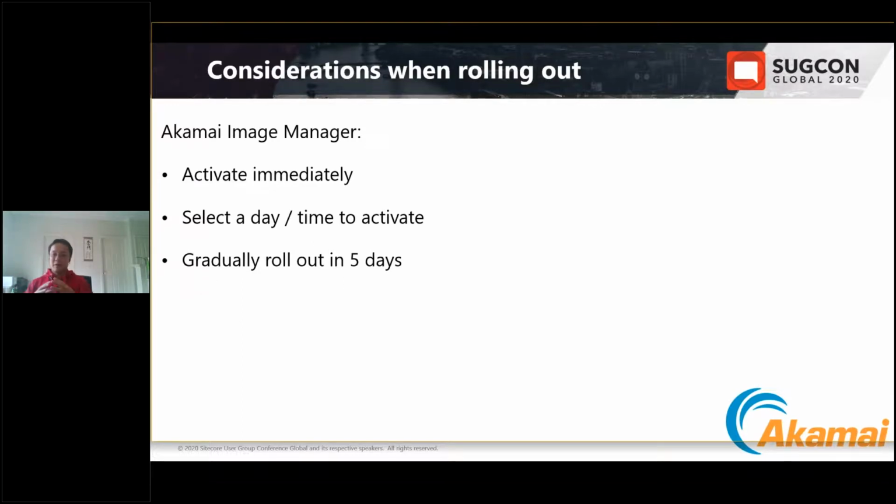It's very smart to bucket different types of audience, a percentage of the audience, and then in that 5-day window, you start putting more people into using Akamai Image Manager. Before you roll this out, if that's the option you choose, make sure that your images have been cached really well in Akamai already before you use this gradual rollout process, so that it retains the cache key and does not affect your content delivery infrastructure performance at all.